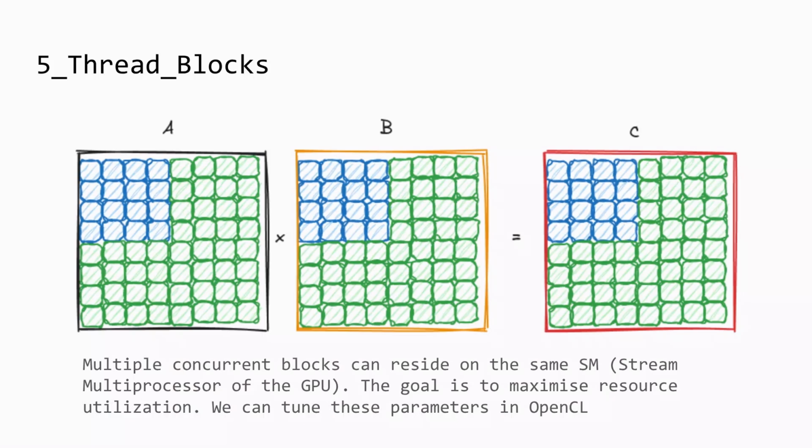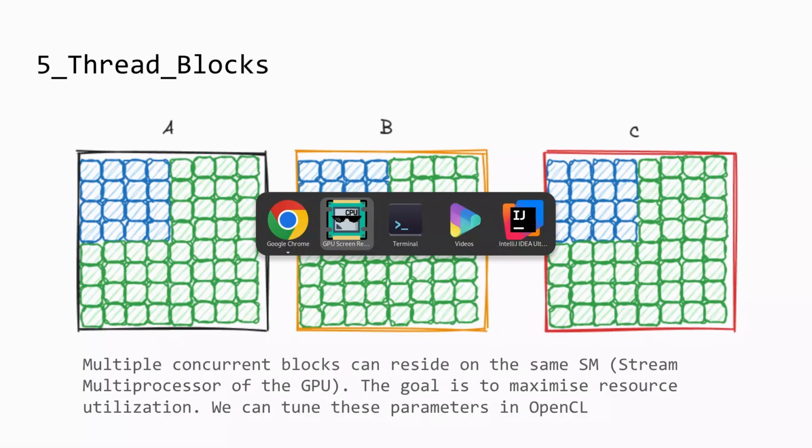If the block is too small, we might underutilize GPU resources. If it's too big, we might need to wait for a block of threads to finish in order to schedule a new one. So finding the balance is key here. Unfortunately, there is not a single solution. This is more like trial and error. As I said, NVIDIA has some guidelines to help you optimize this, and the TornadoVM runtime implements a heuristic using these guidelines. So let's see what Tornado does with the block.